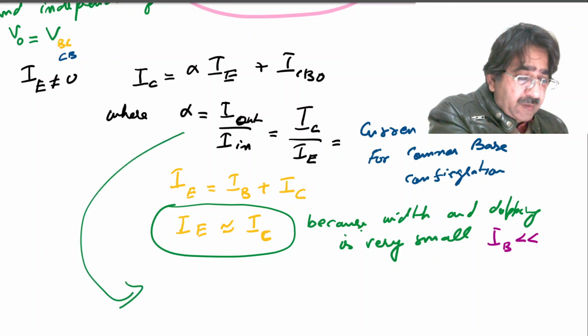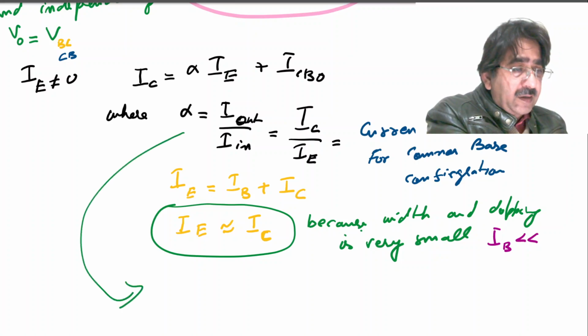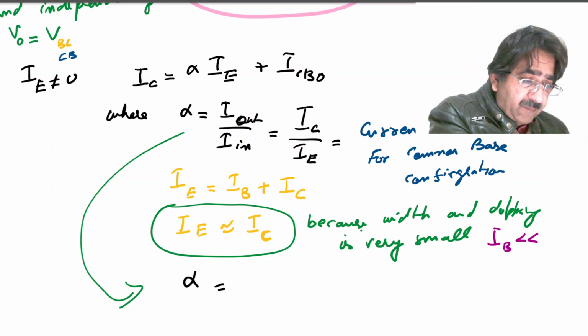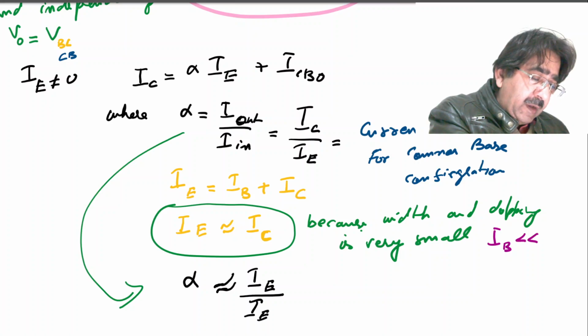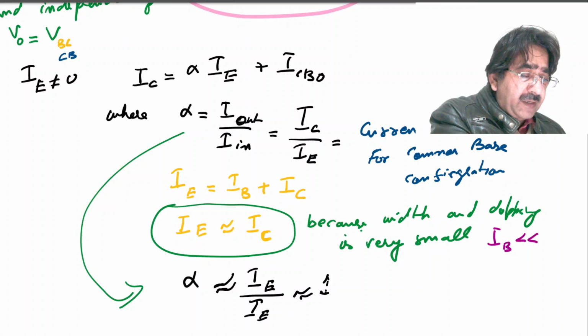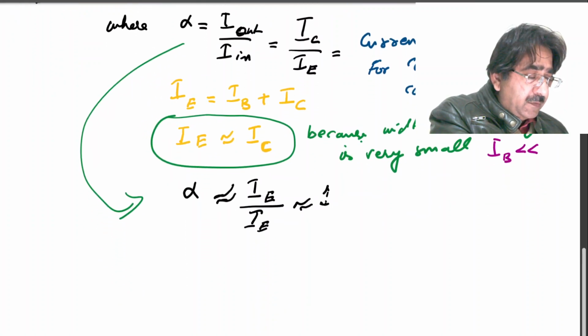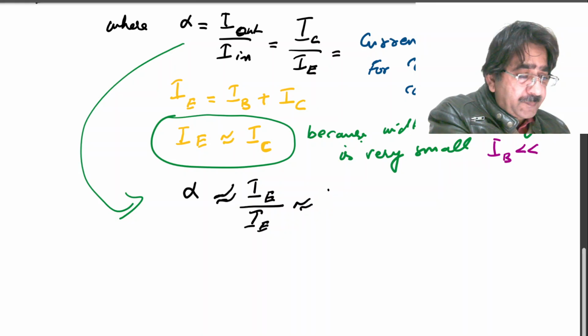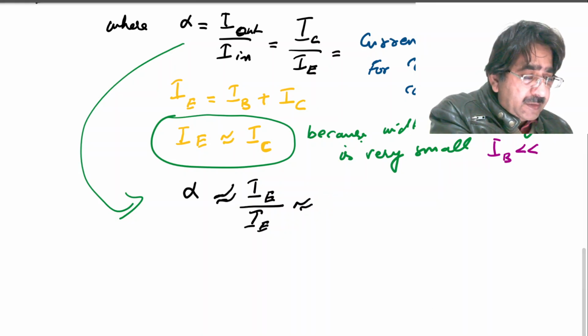So alpha will become approximately equal to IE divided by IE, which is approximately equal to 1. Not exactly 1, but approximately 1.